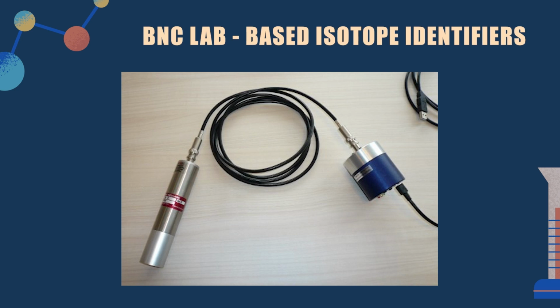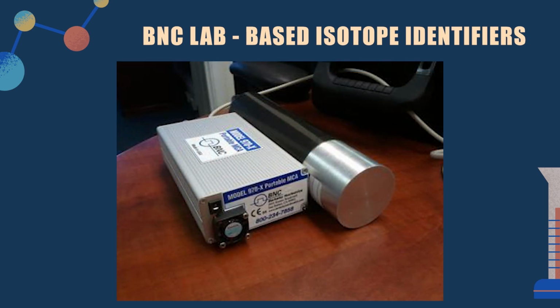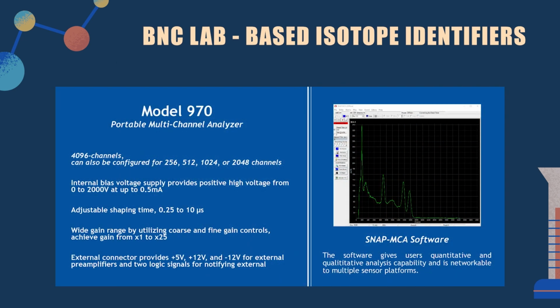Another upside is lead shielding options. Many lab-based systems, including the Model 970, offer lead shielding to minimize background radiation and enhance the precision of isotope identification.